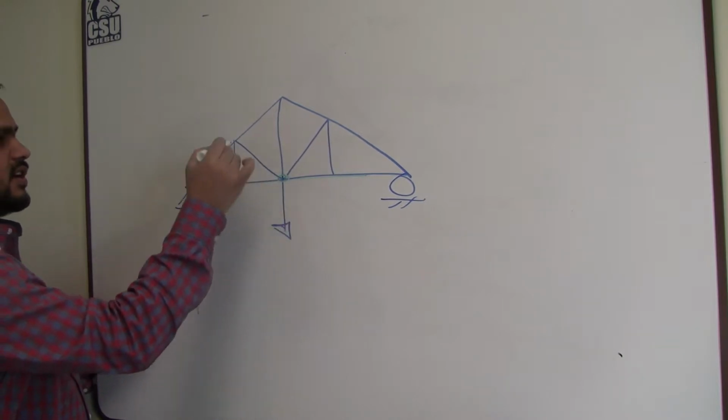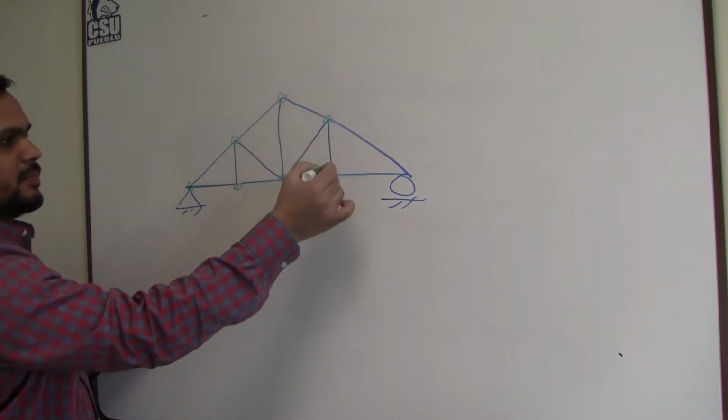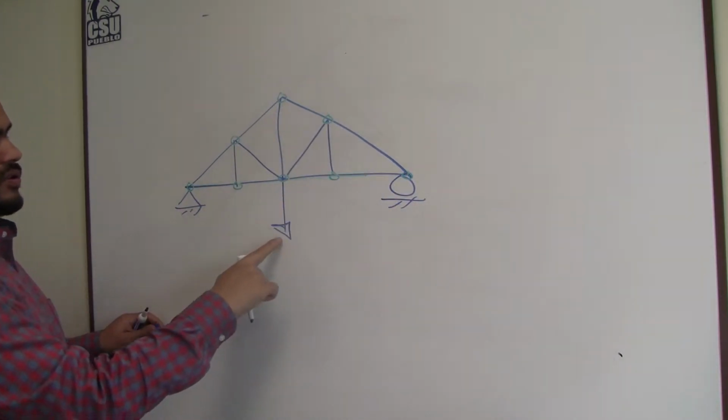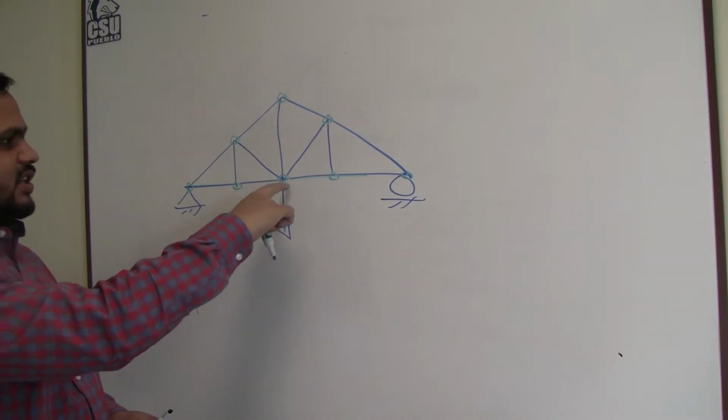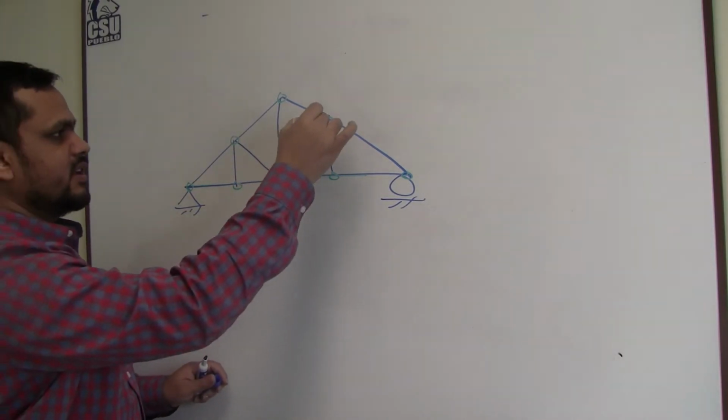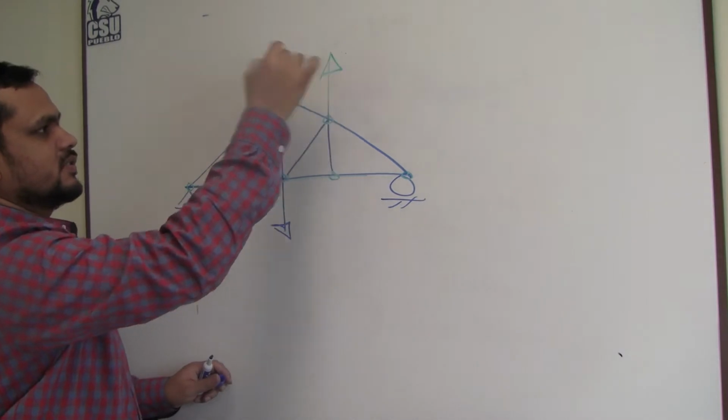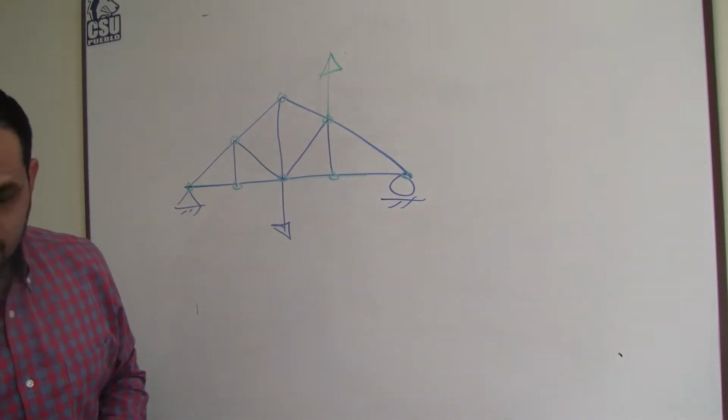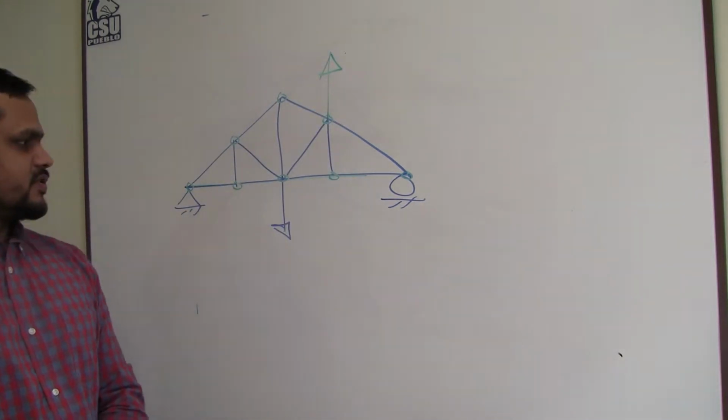Okay, this is another truss where all the members are pin connected and loads are acting only at the joints. So another load is here. In this truss we will find the zero force members.